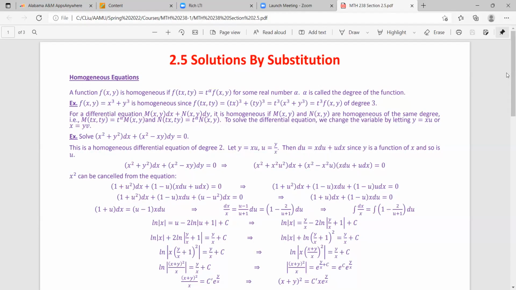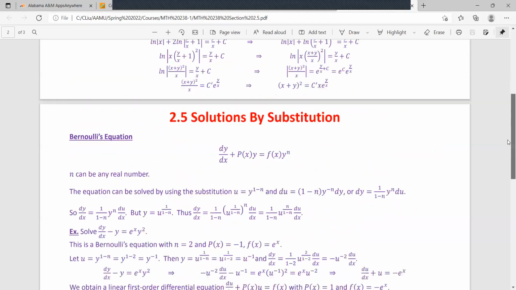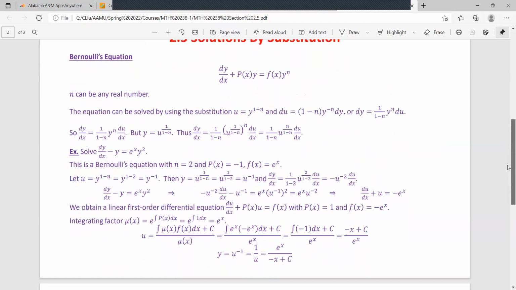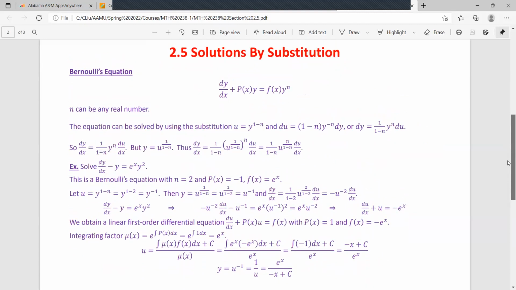So that's the first case of solutions by substitution of this section. And there are some other situations where we can also use substitution. The second case, or second situation, is called Bernoulli's equation.